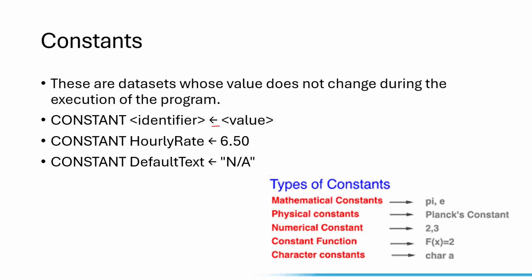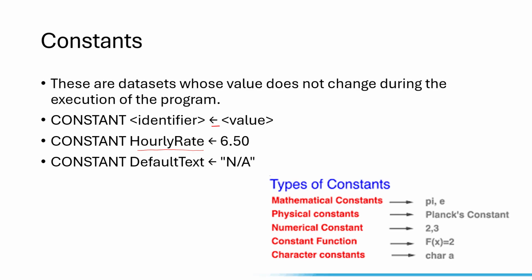So you're going to use the word constant to declare that this data set is a constant value. You will use the word constant followed by the name, which is hourly rate here, followed by an arrow, and then the value that you assign to it, 6.50.